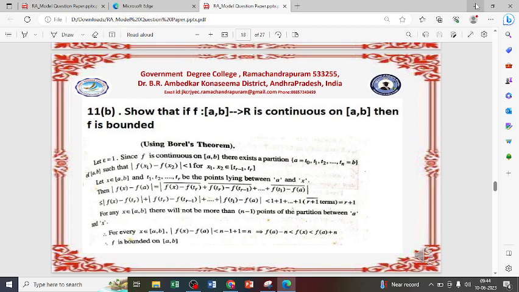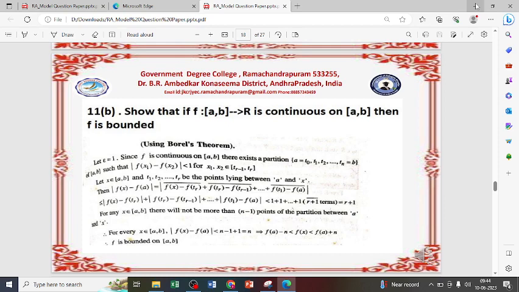Therefore, for any x belonging to the closed interval [a, b], |f(x) minus f(a)| is less than, so r can be n minus 1, replace r by n minus 1 plus 1. The minus 1 and plus 1 cancel each other. We get the value n. That means the difference between f(x) and f(a) is smaller than n.